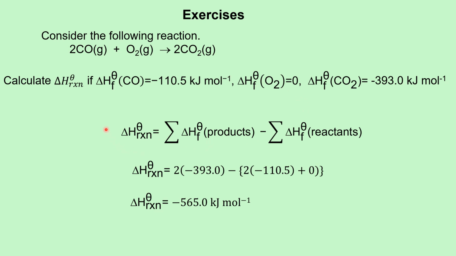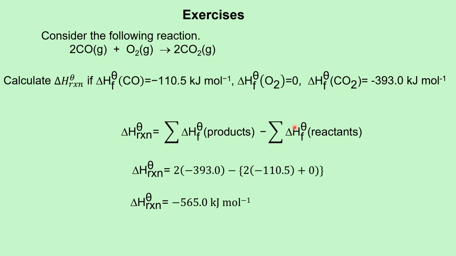So this is the formula to calculate the enthalpy of reaction. Okay, the sigma means the total sum of enthalpy of products minus the total sum of enthalpy of reactants. Remember, you can only use this formula when you know the enthalpy of formation for each reactant and product which exists in one reaction.